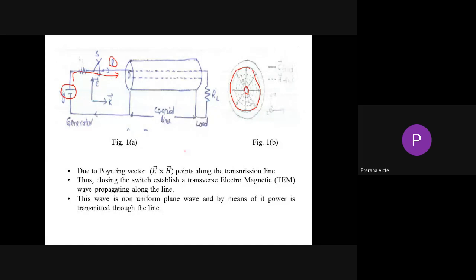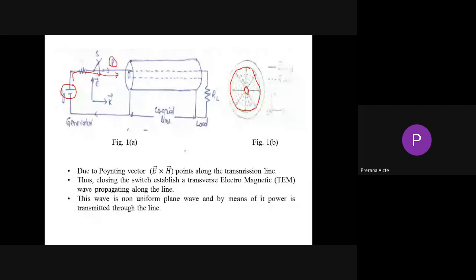So due to the Poynting vector P equals E cross H along the transmission line, closing the switch established a transverse electromagnetic wave, that is TEM.